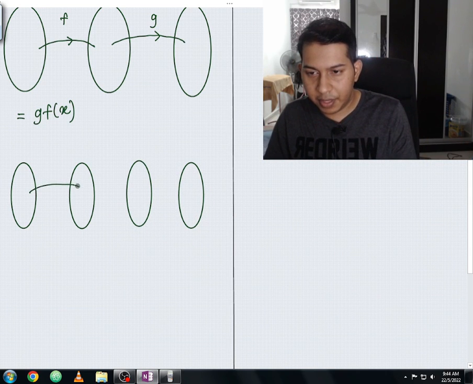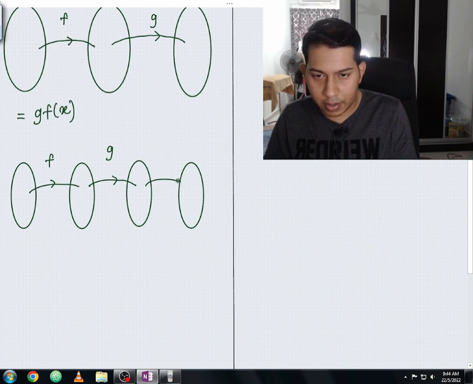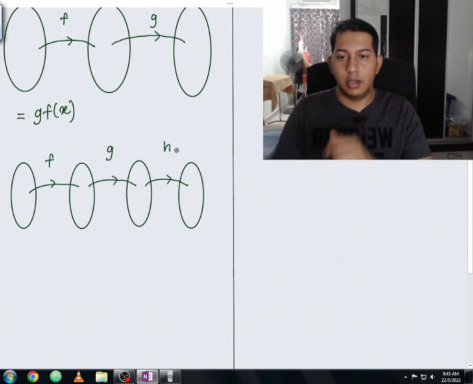Draw an arrow here and write the letter F. Draw an arrow here and write letter G. Then you connect the arrow and write letter H.